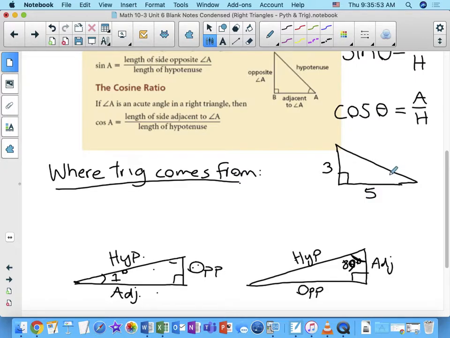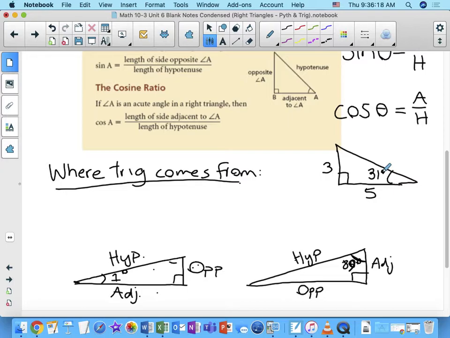This actually should be 31 degrees. But that's pretty close. Okay? Now, in this triangle, let's label the side lengths of this triangle relative to this 31 degree angle. Okay? Where's the hypotenuse?